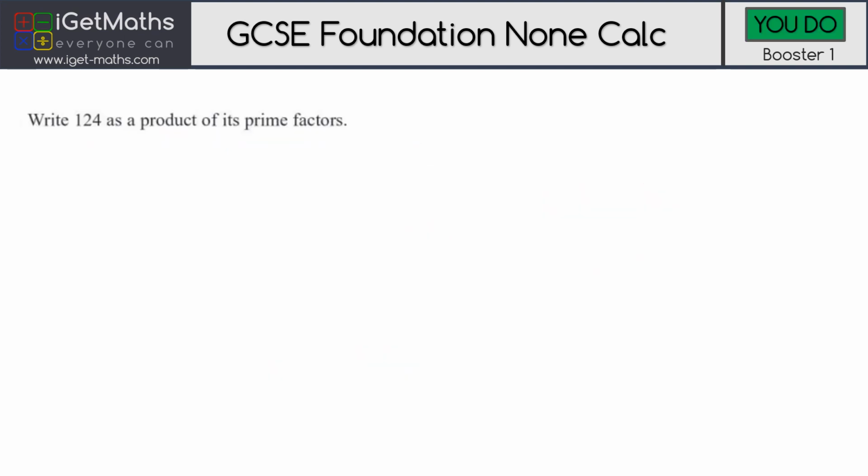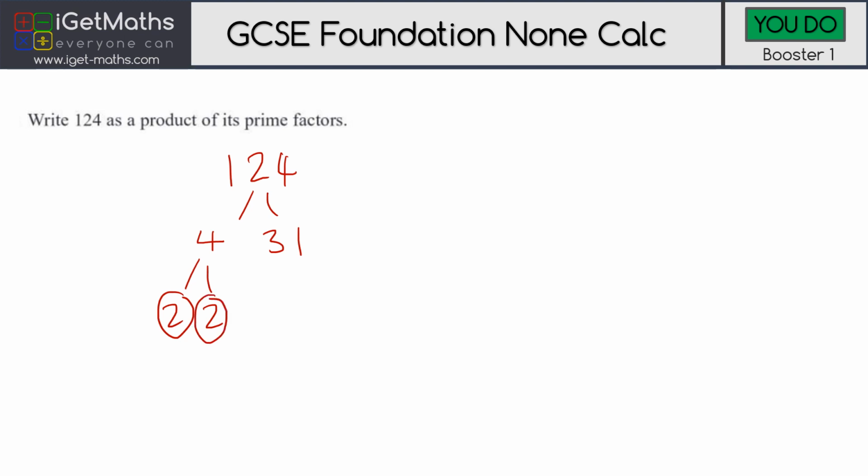Okay, so we've got write 124 as a product of its prime factors. So we've got 124. Let's go with 4 times 31 will give you 124. 4 can be broken down into 2 times 2, and they're both prime numbers.